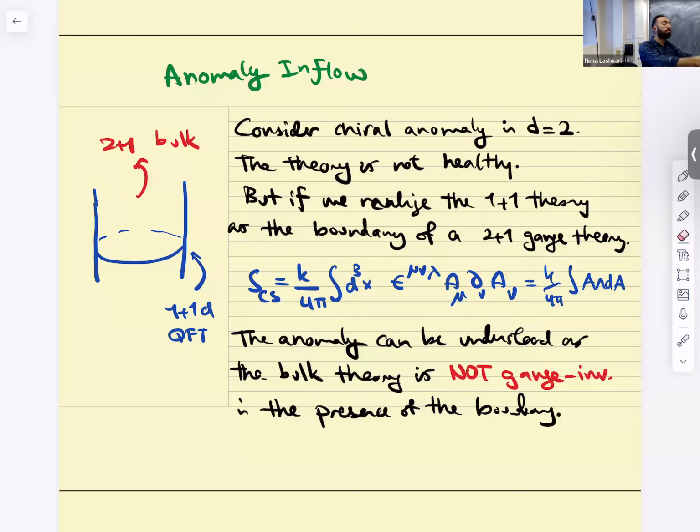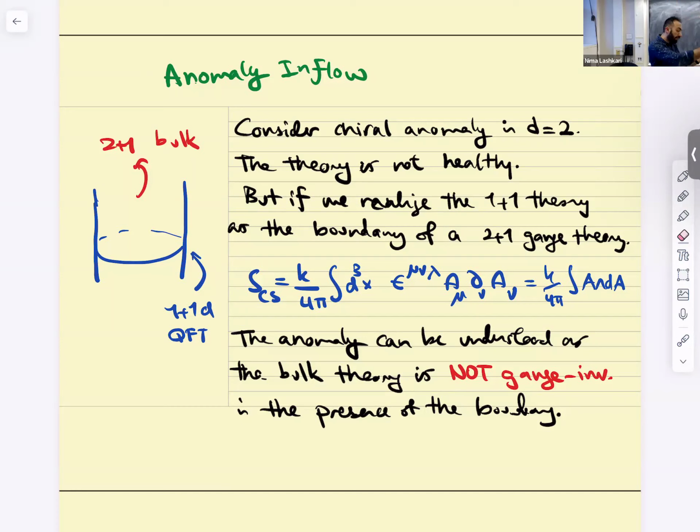So you have some 2 plus 1 dimensional manifold, it could be flat space or whatever, the metric doesn't matter. It's just flat space quantum field theory. So there is some bulk theory, there is a boundary. The boundary is 1 plus 1 dimensional, so we're going to put on the boundary this theory that is a gauge theory, but it's anomalous.